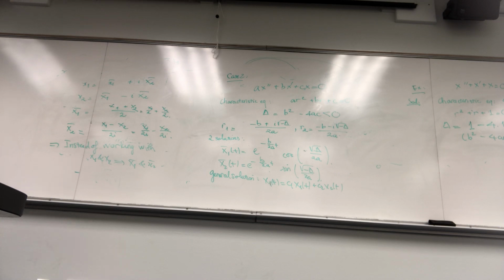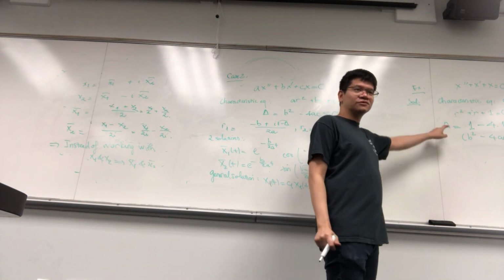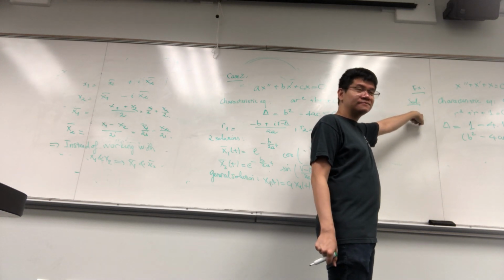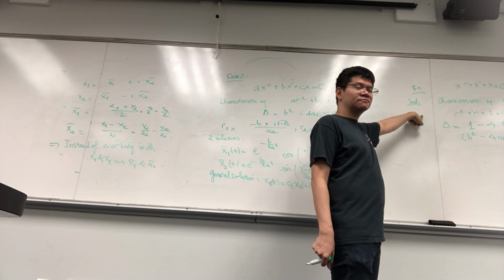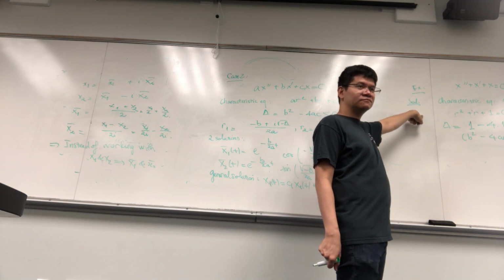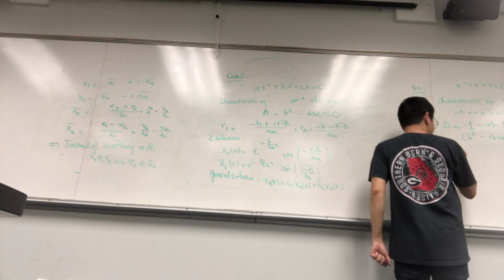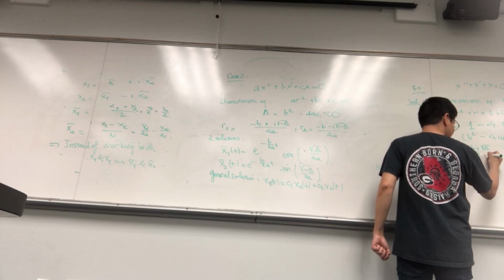No, the two solutions of the characteristic equation only. So r1 will be minus b plus square root of delta over 2a, right?